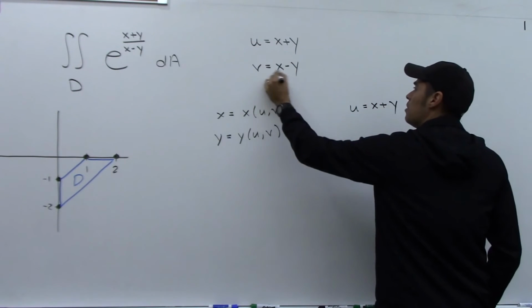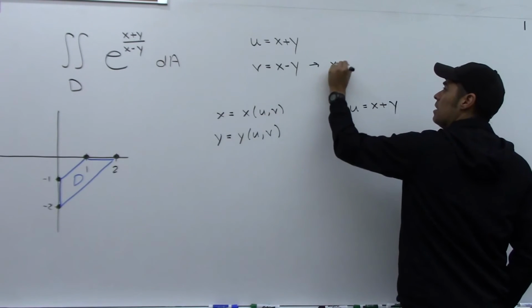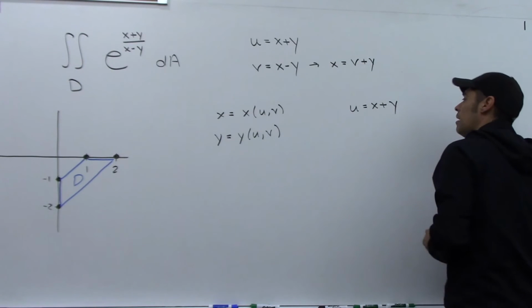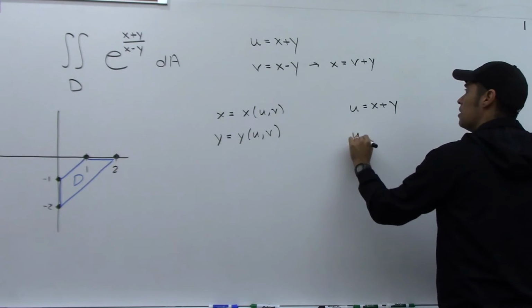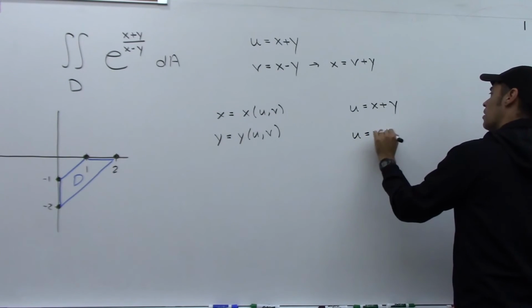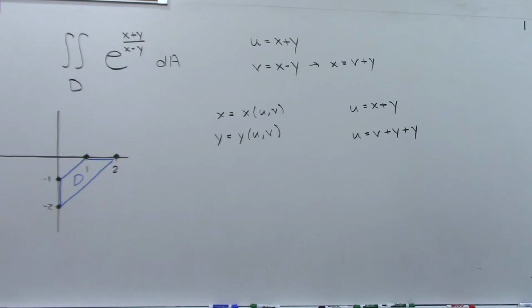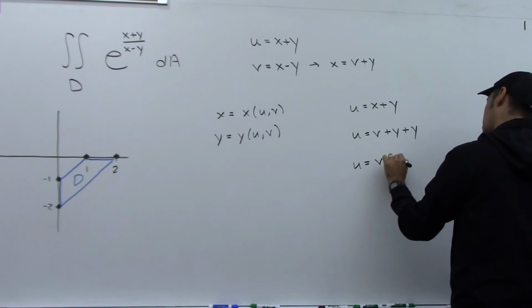I can take this equation right here and solve it for x. So x is equal to v plus y, right? So if I rewrite this, u is equal to v plus y. That's what I get there. So u is equal to v plus 2y.